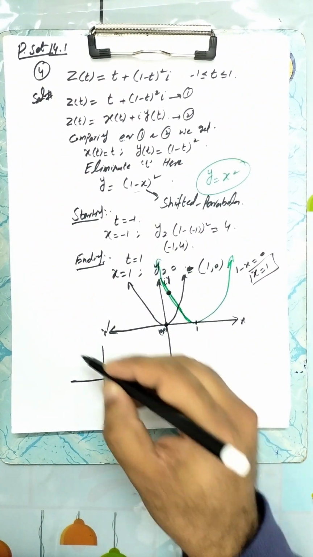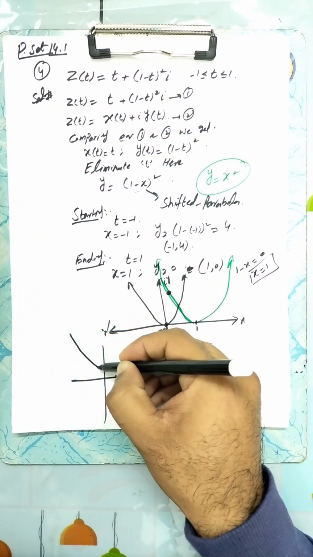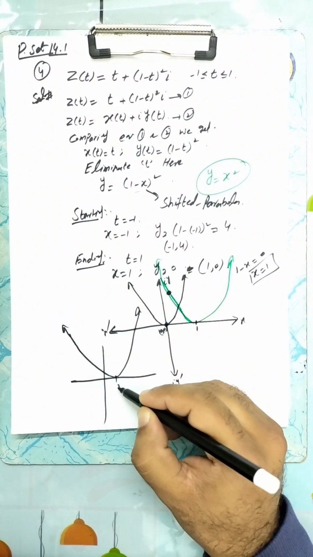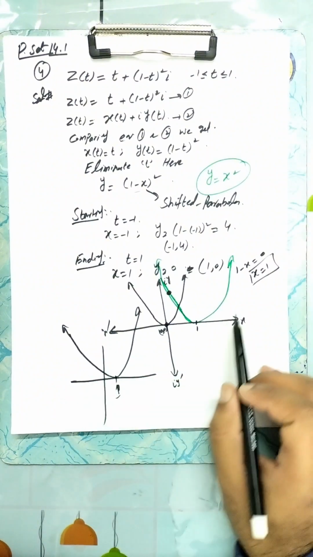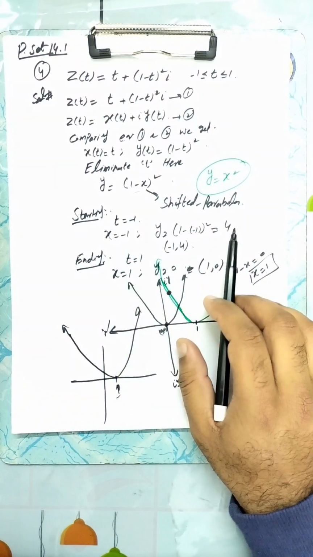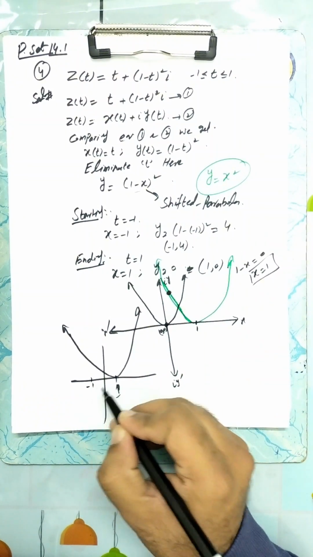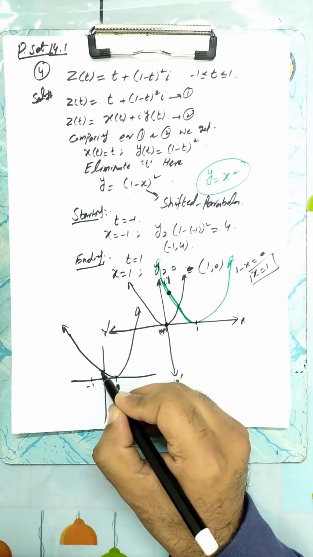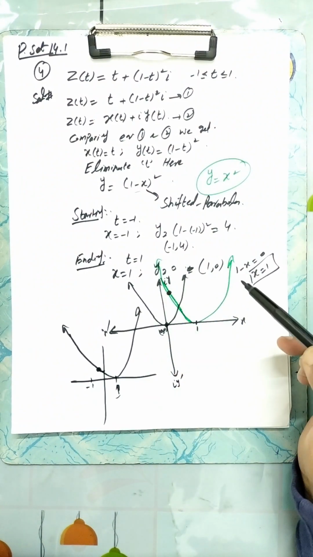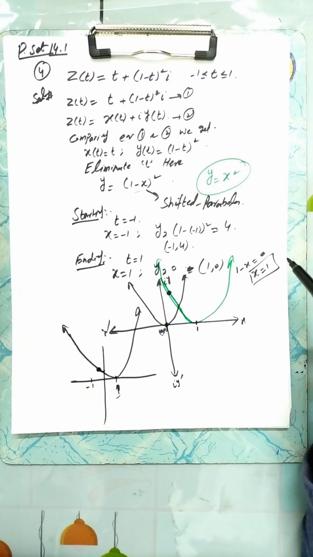Let's suppose this is 1, and this is our parabola passing through here, so this is x = 1. At x = -1, y = 4. So this is our point (-1, 4), and the next point is (1, 0).